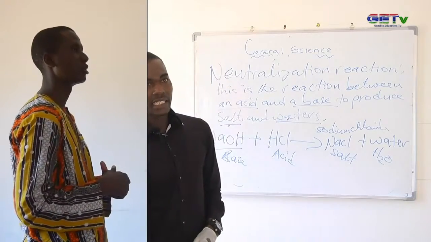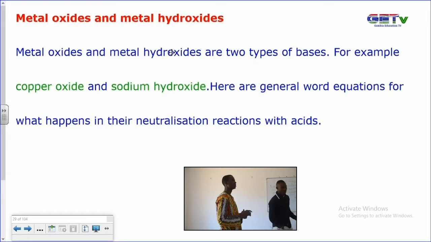Metal oxides and metal hydroxides are all types of bases. We say metal oxides and metal hydroxides are two types of bases, for example, copper oxide and sodium hydroxide.